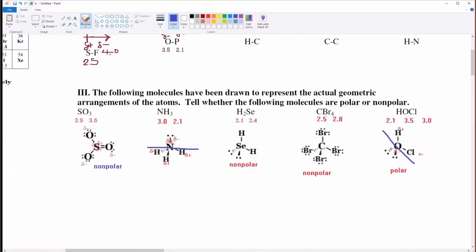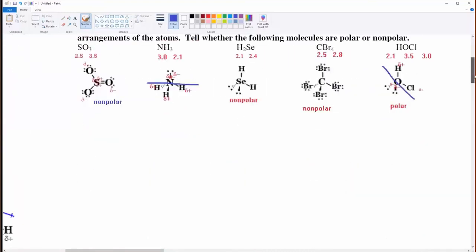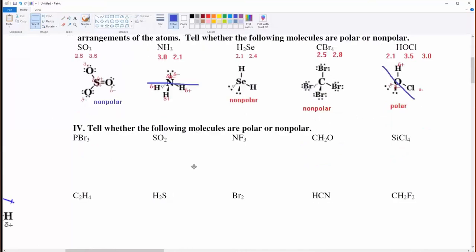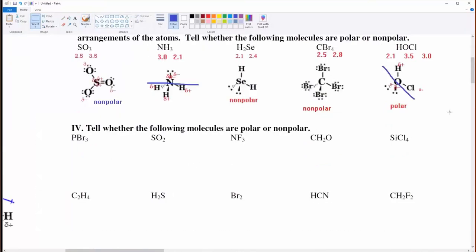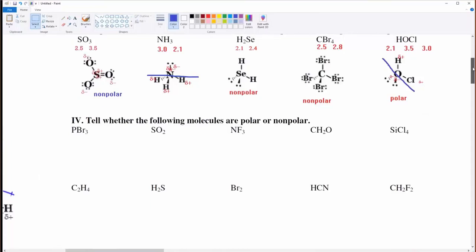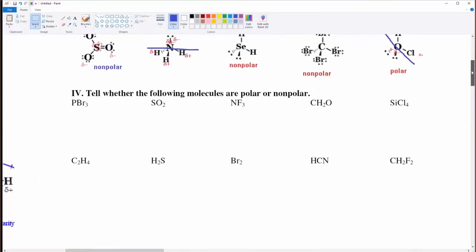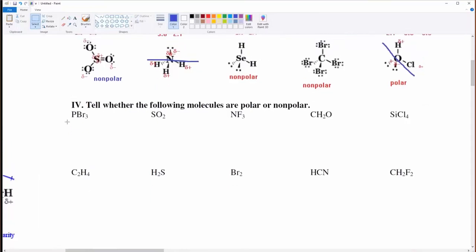Third question says, look at this whole molecule. And the fourth question just tosses you in and says, oh, hey, by the way, here's the formula. Can you tell me if it's polar or nonpolar? And of course, to get there, you have to first determine the Lewis dot structure so you can get the correct shape, so you can apply the individual bond polarities to see if the molecule is polar or nonpolar, right?